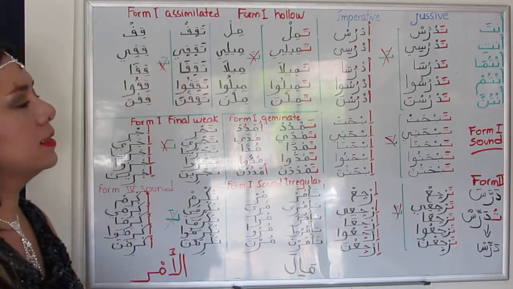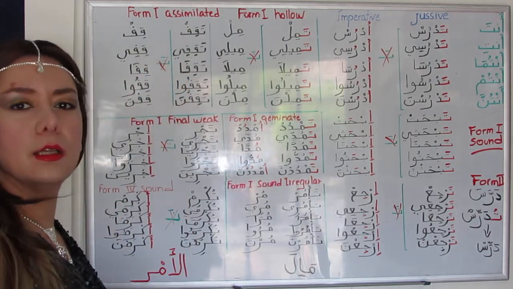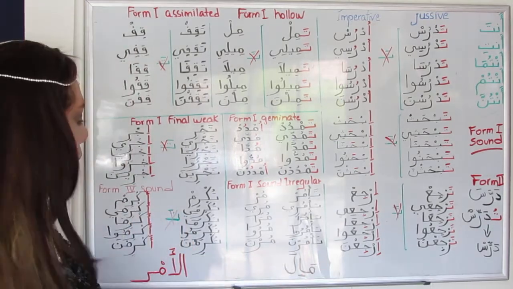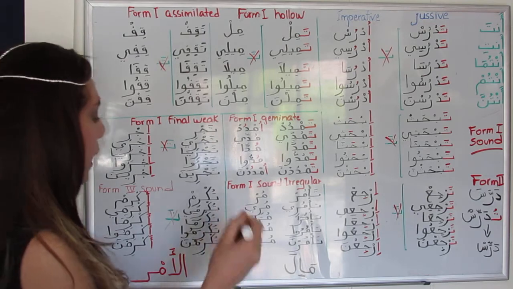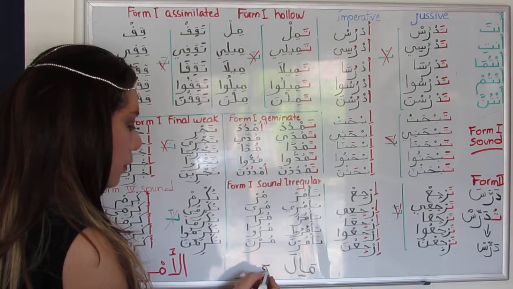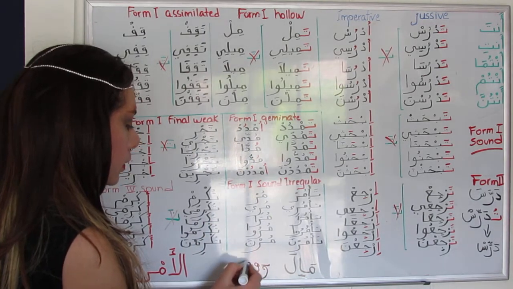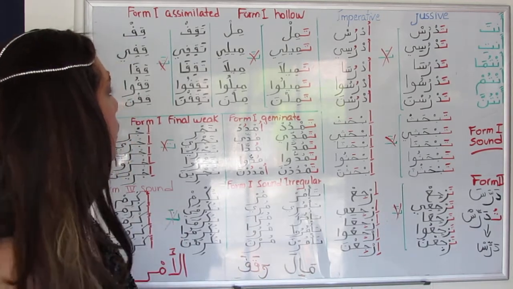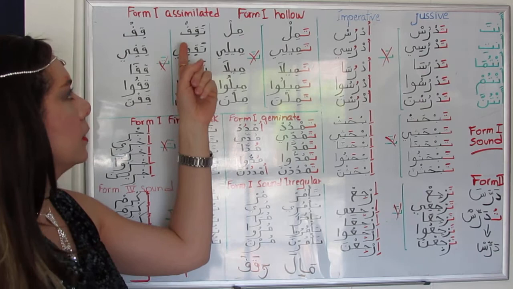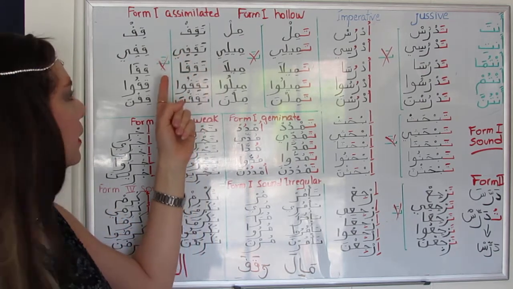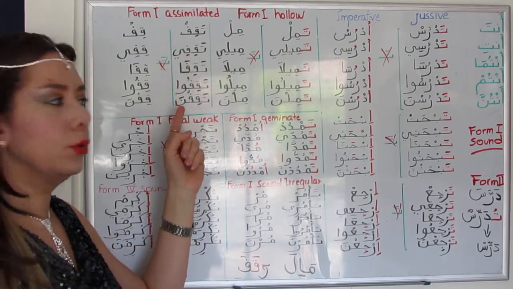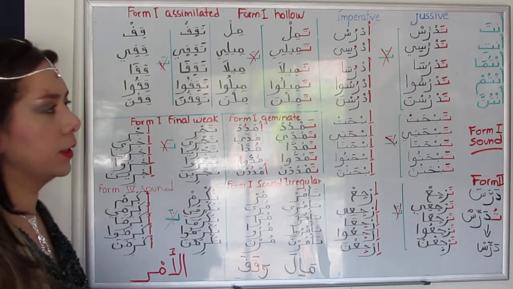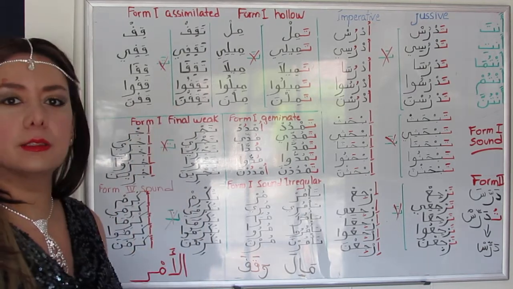Form one, assimilated. Assimilated is the verb that starts with one of the weak letters. So waqafa, see we have the waw. Waqafa, to stop. In the jussive, taqif, taqifi, taqifa, taqifu, taqifna. Now you have mastered this already. We delete the prefix ta.